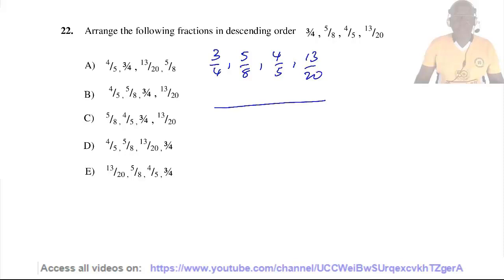The LCM for 4, 8, 5, and 20 equals 40. 4 goes into 40, 10 times 3, we shall get 30 for here. 8 goes into 40, 5 times 5, we shall get 25 for here. 5 goes into 40, 8 times 4, we shall get 32. 20 goes into 40, 2 times 13, we shall get 26.